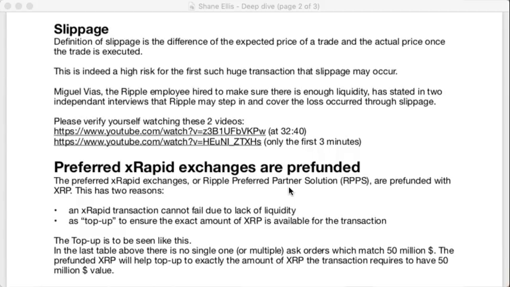Also, we could understand slippage as follows: while executing all those orders up to the total sum of the transaction required to be transferred, the average cost for those XRP is much lower, because basically he executed ask orders at a very low price also.